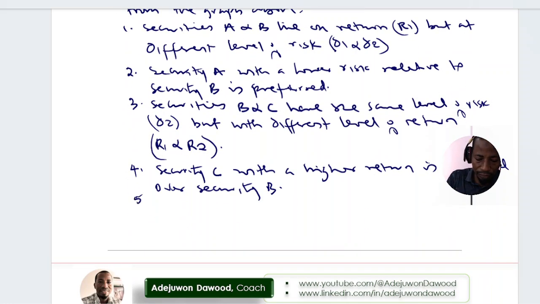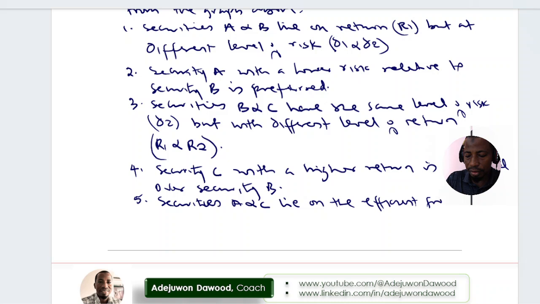Point number 5. Securities A and C lie on the efficient frontier and dominate security B.